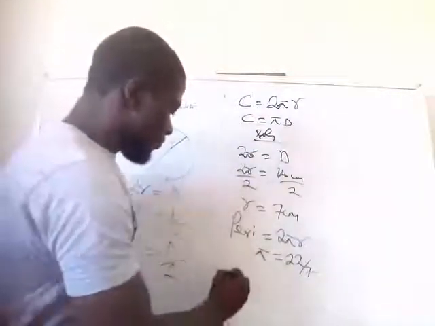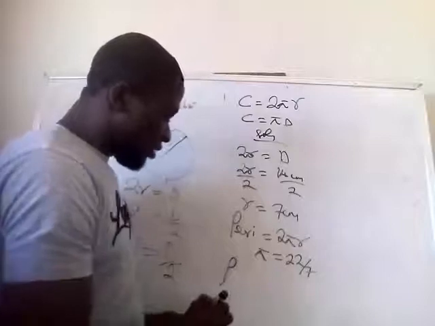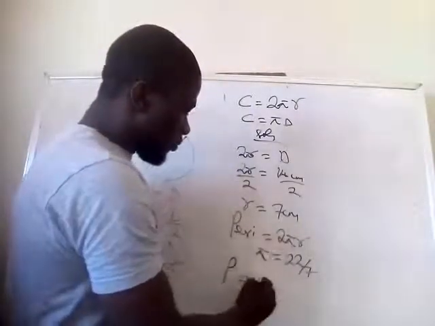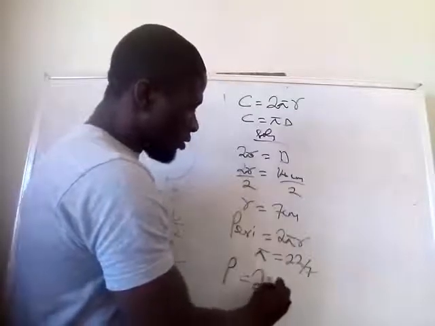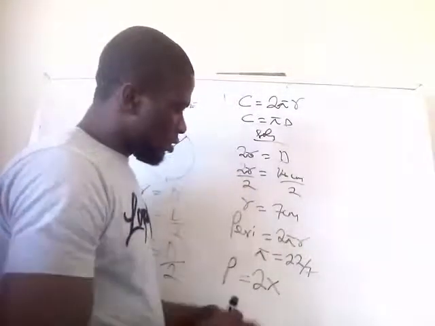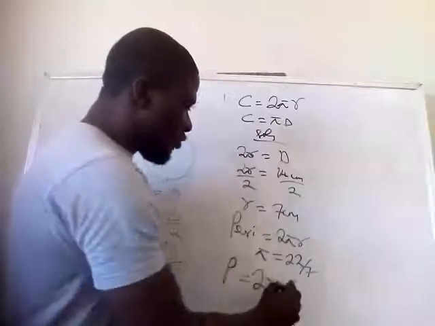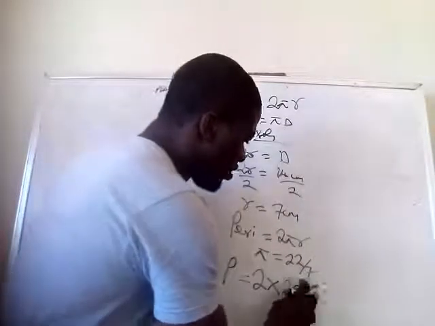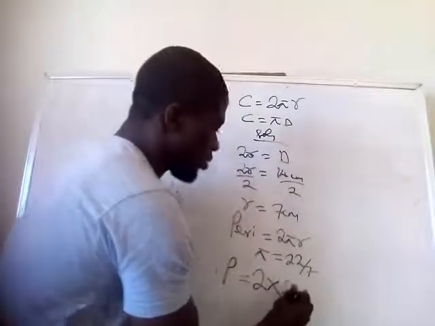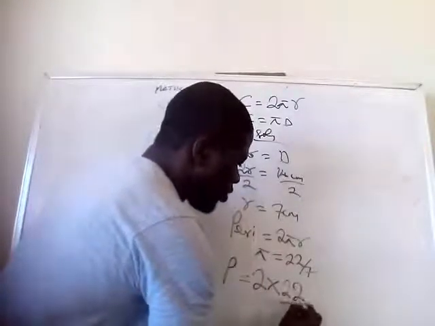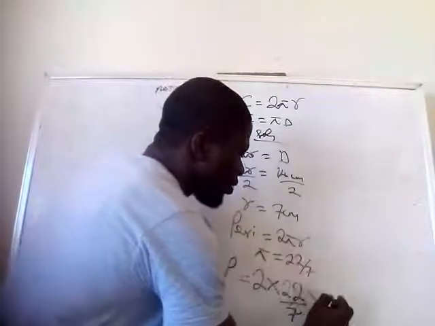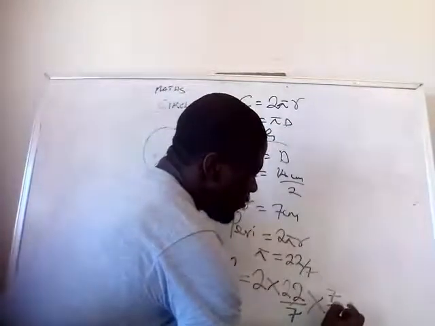You have the perimeter. Let me represent it by p, equal 2 times 22 over 7 times the value of r, which is 7 over 1.